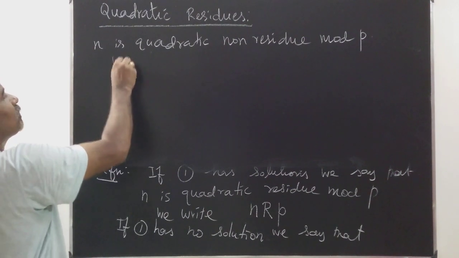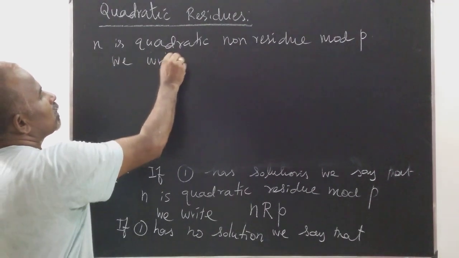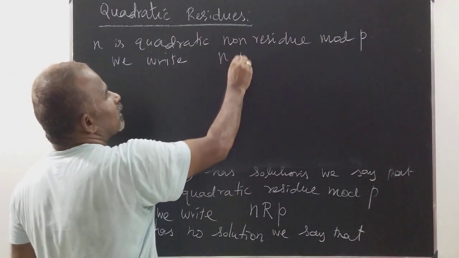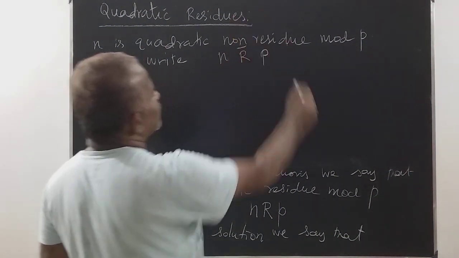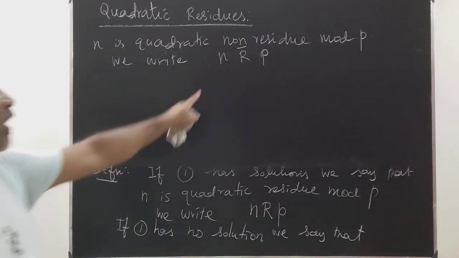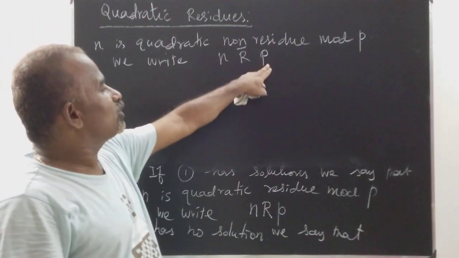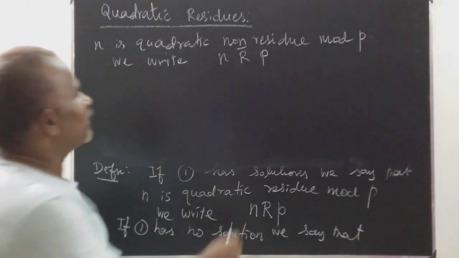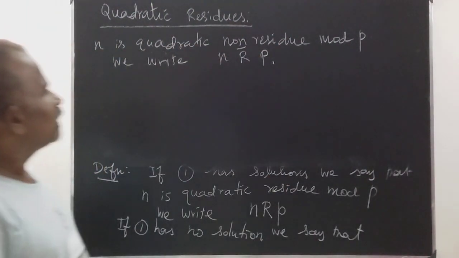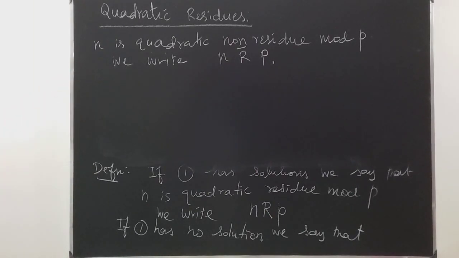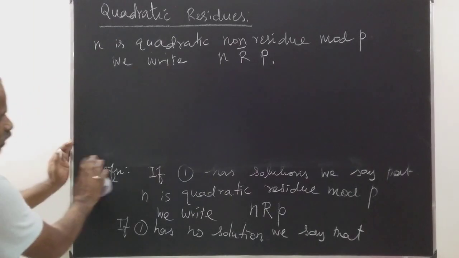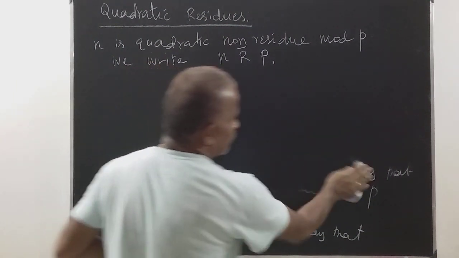So we write n R-bar p: n is a quadratic non-residue modulo p. Okay. So this is the definition of the quadratic non-residue.